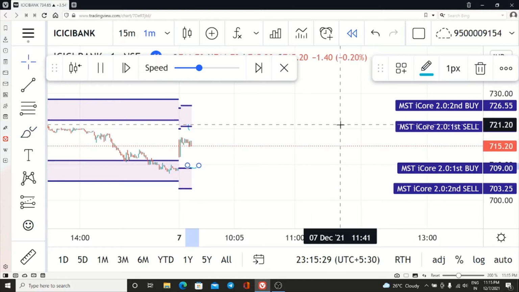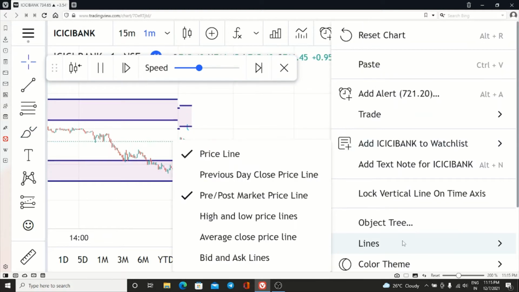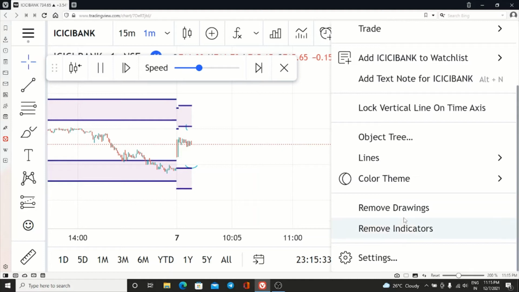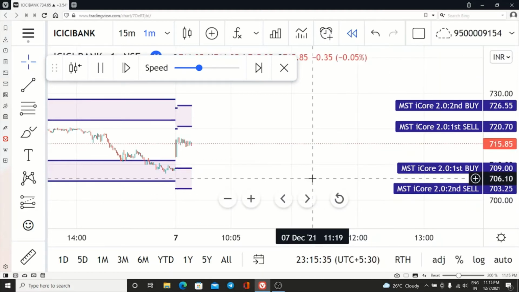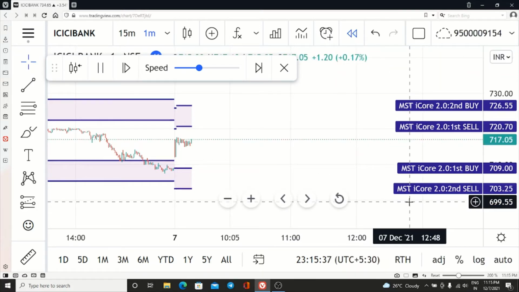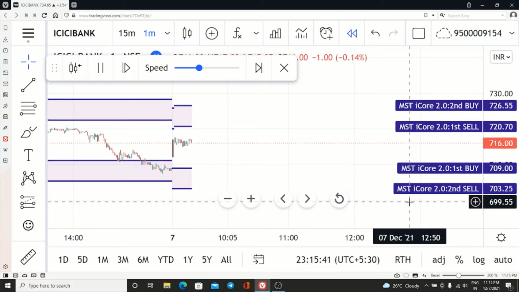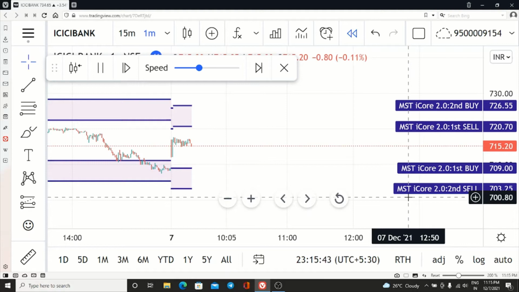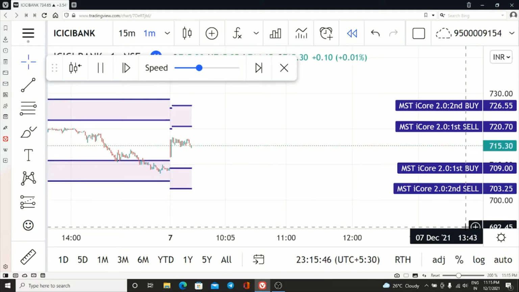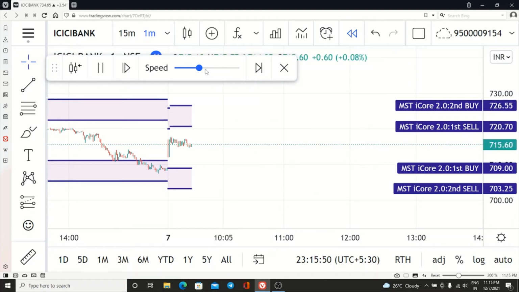Whichever side it opens, that side we have to trade, and the other side we have to ignore. So now our sell entry is 720.70, the second buy is 726.55, the first buy is 709, and the second sell is 703. I will slightly increase the speed.